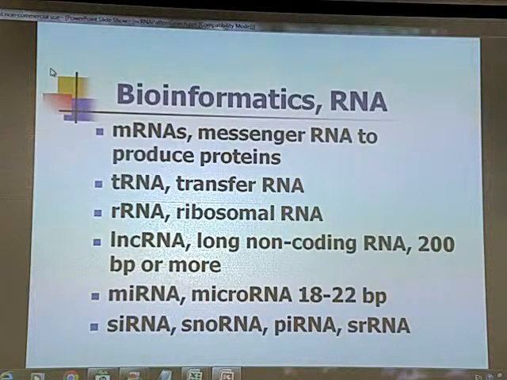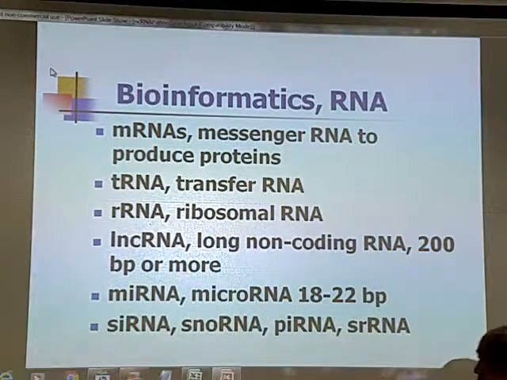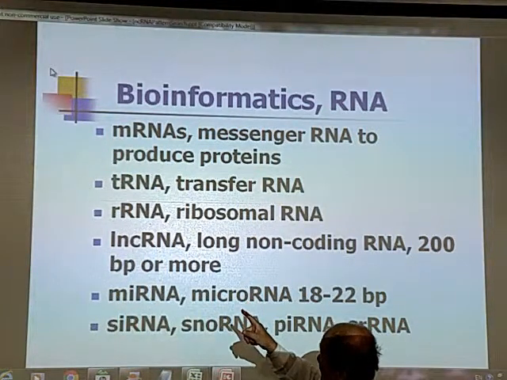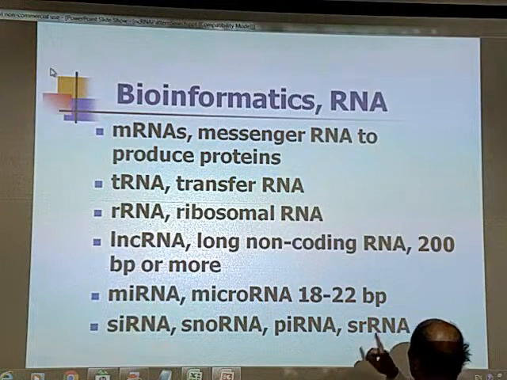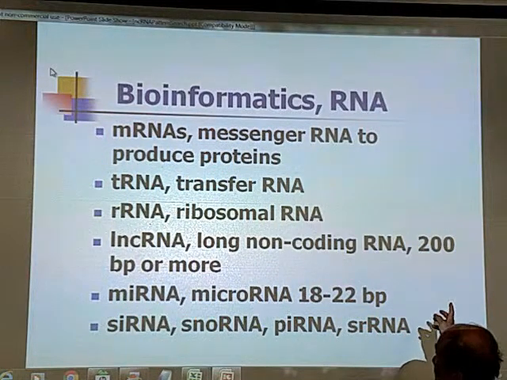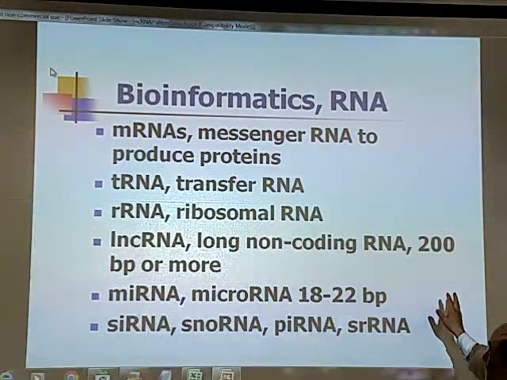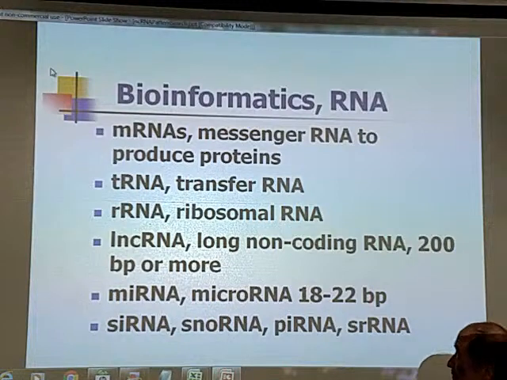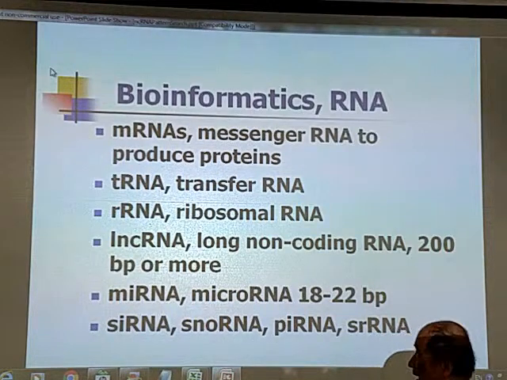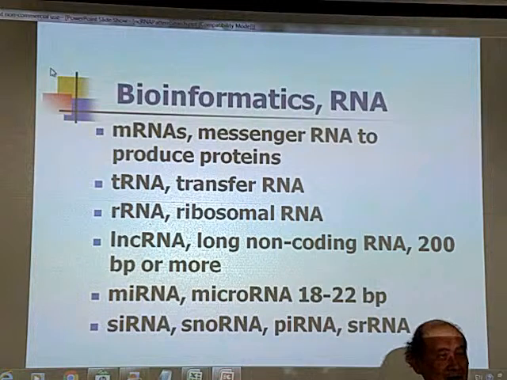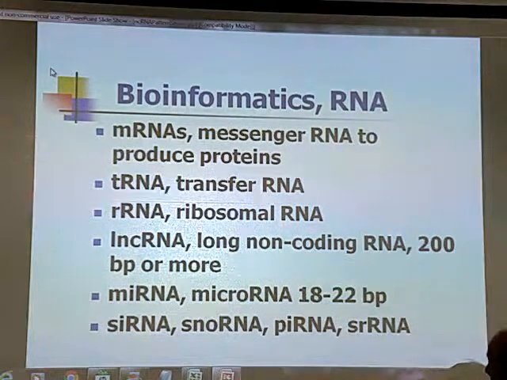But for the rest of it, there are long pieces and short pieces of RNA, which are not well understood. So the long non-coding RNA are just arbitrarily classified as 200 base pairs or more, and they could be very long, thousands of base pairs.